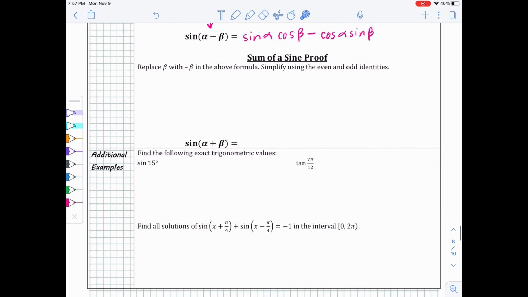We're now going to use our result and do the same process by replacing all of our betas with negative betas in what we just came up with, and simplify it using the even and odd identities.